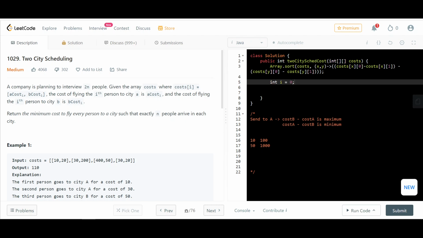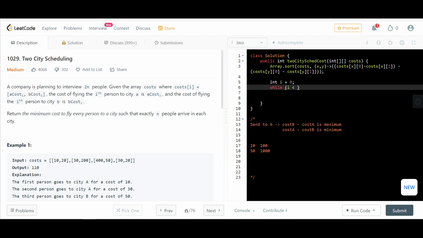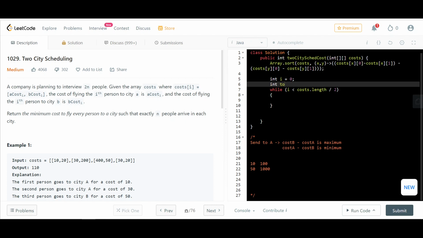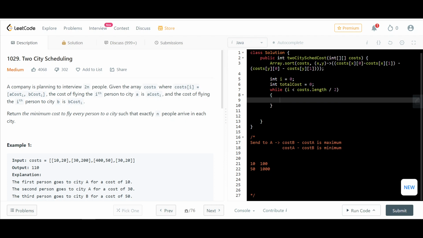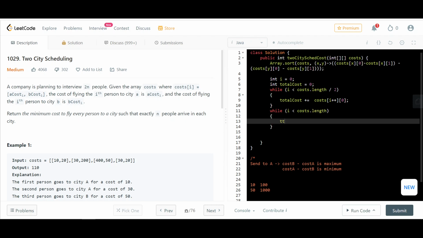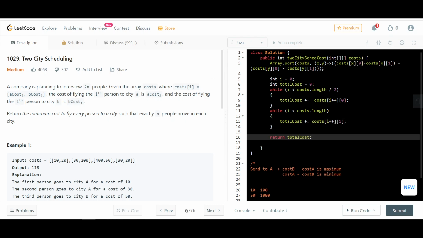So let's say int i equals 0, while i is less than n, add the cost of going to A, and the remaining ones, well, i plus plus, they are the people that will go to city B. So that's the idea.